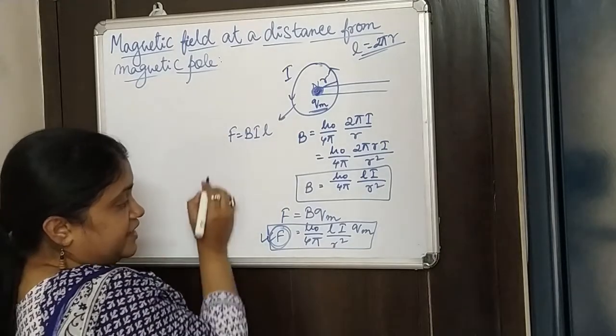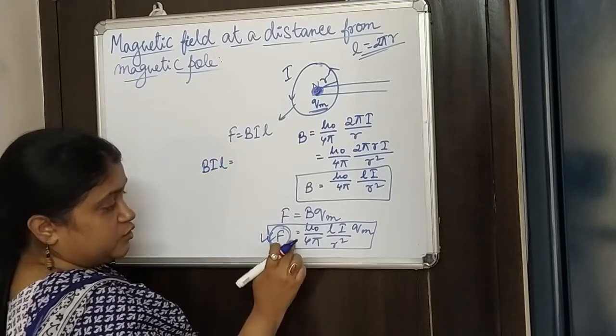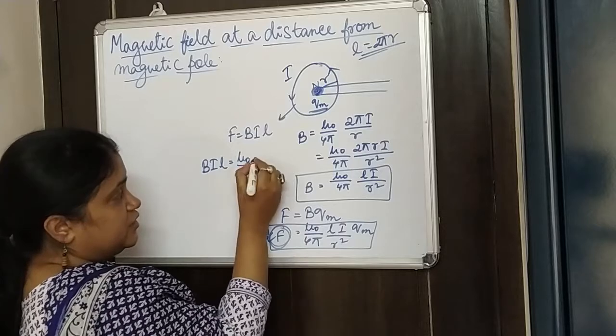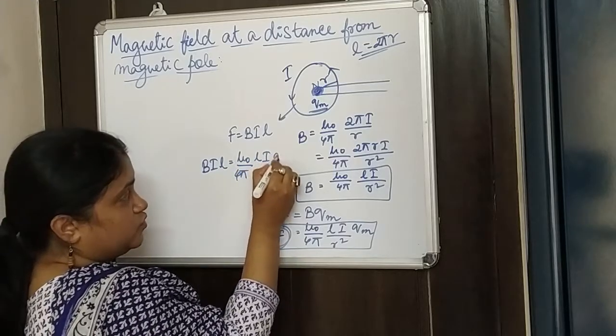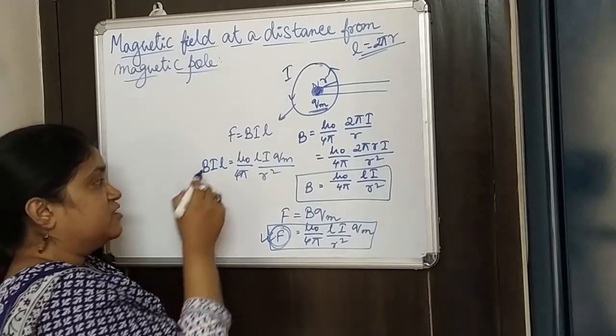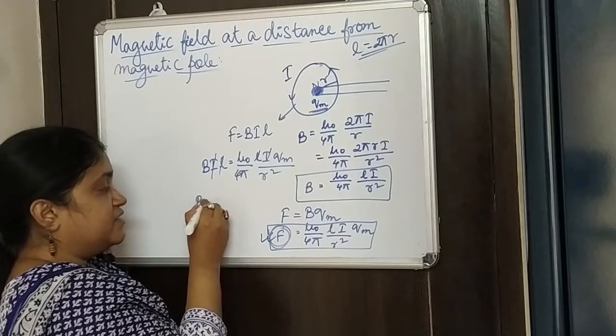So we can write that BIL is equal to this force, which is mu naught by 4 pi into L into I into Qm by R square. Now from here you can very easily find out the magnetic field B.